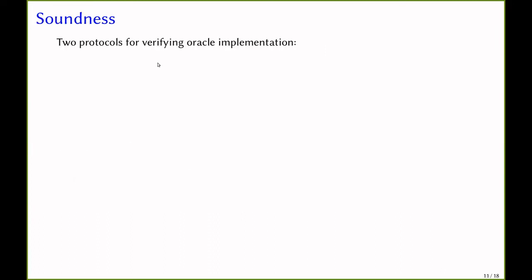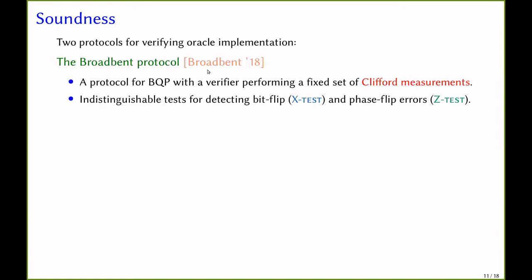But for soundness, we want to make sure that even if the prover tries to cheat, it does not pass the protocol if PA doesn't have sufficiently large quantum depth. To make sure the players follow the protocol honestly, we rely on the protocol by Broadbent for verifying BQP languages.